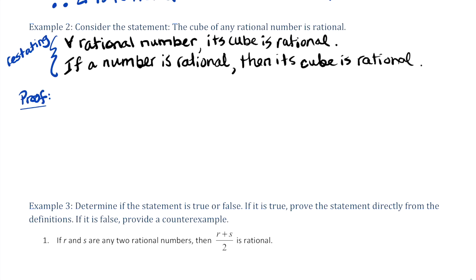So, well, we need to have a rational number, right? So why don't we let R be any rational number.